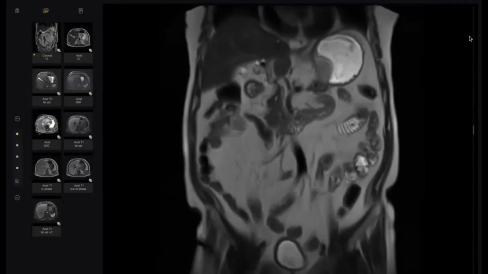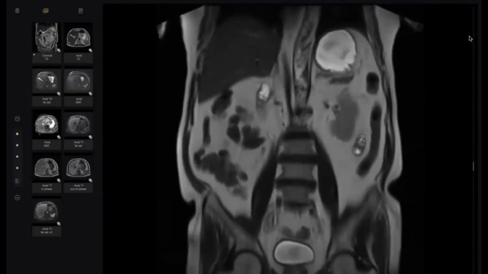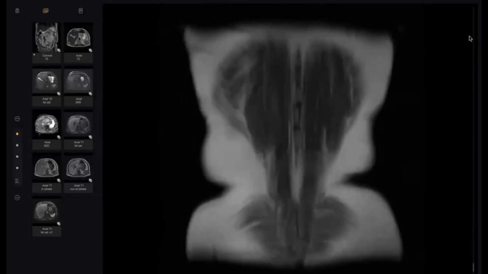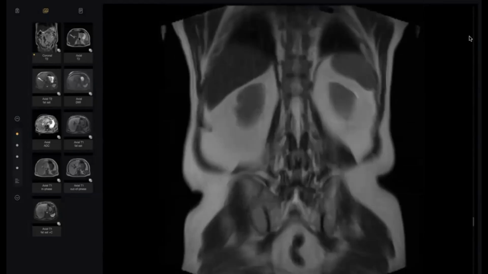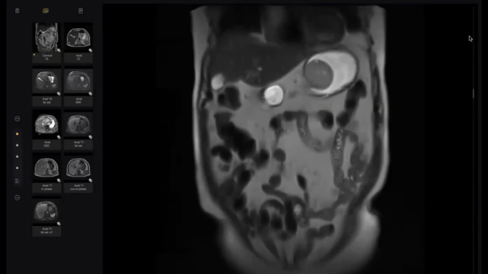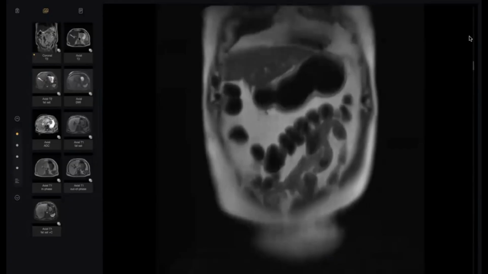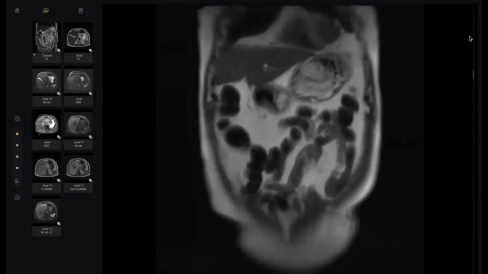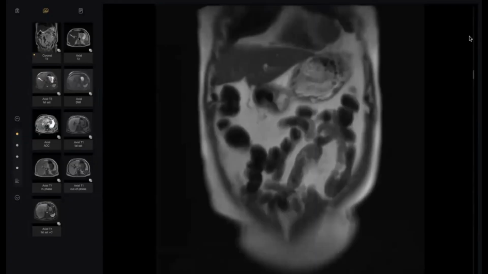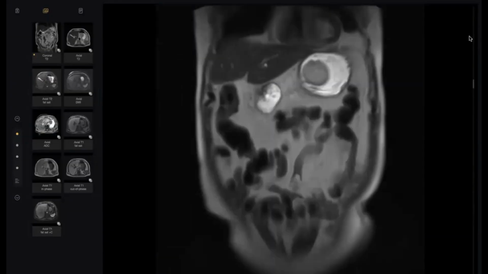These are coronal slices of MRI abdomen, T2 weighted images, in which I can appreciate a lesion noted in the stomach that is iso to hypointense.